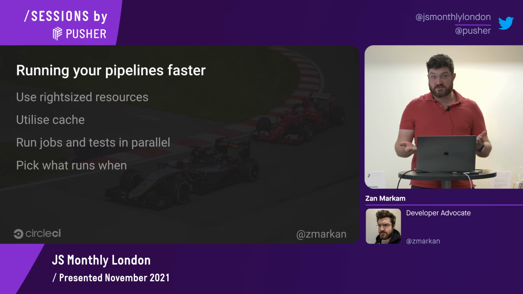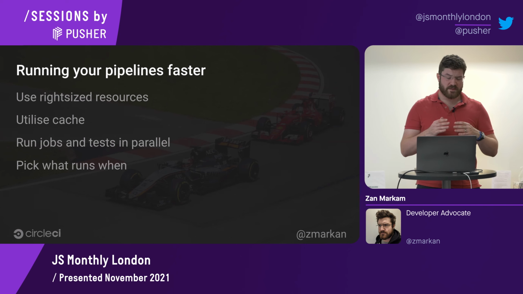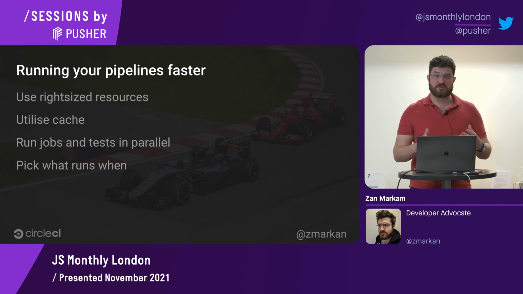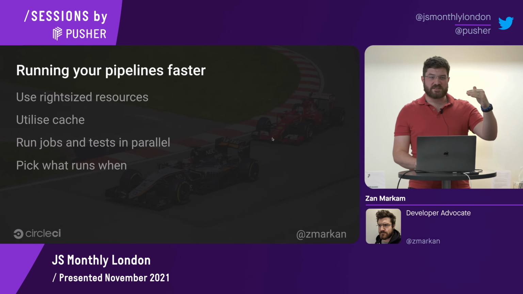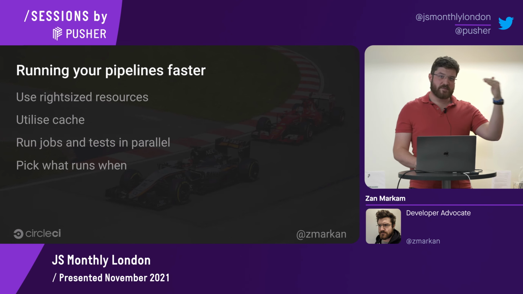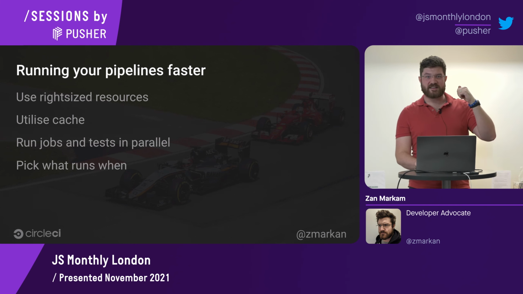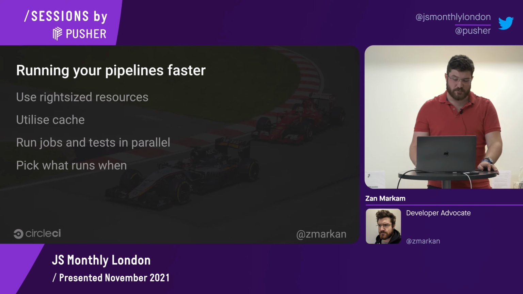So it's good practice to try and allocate as much resource to whatever is building your project, whatever is running your tests, so that it can do that as fast as possible. It's a bit of a trial and error kind of thing. So see, yes, I can get X performance with 8 gigs of RAM and 16 cores. I can get X.1 performance with twice that. So find the balance that works for you.